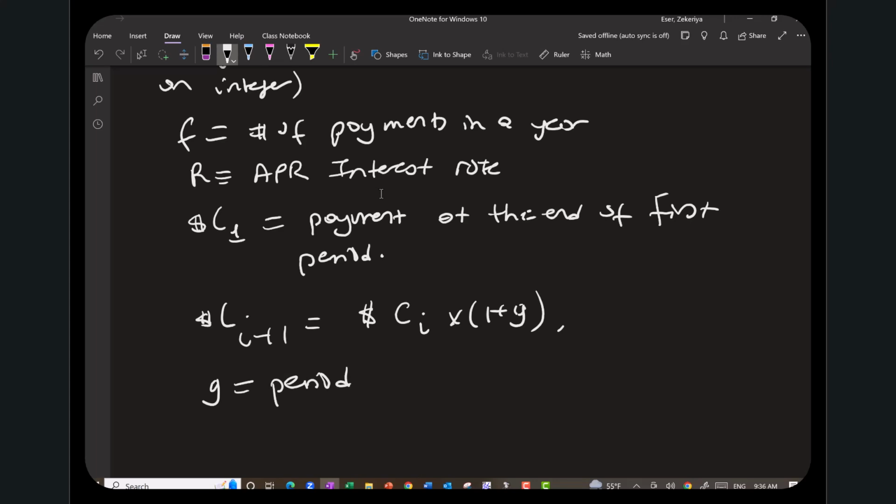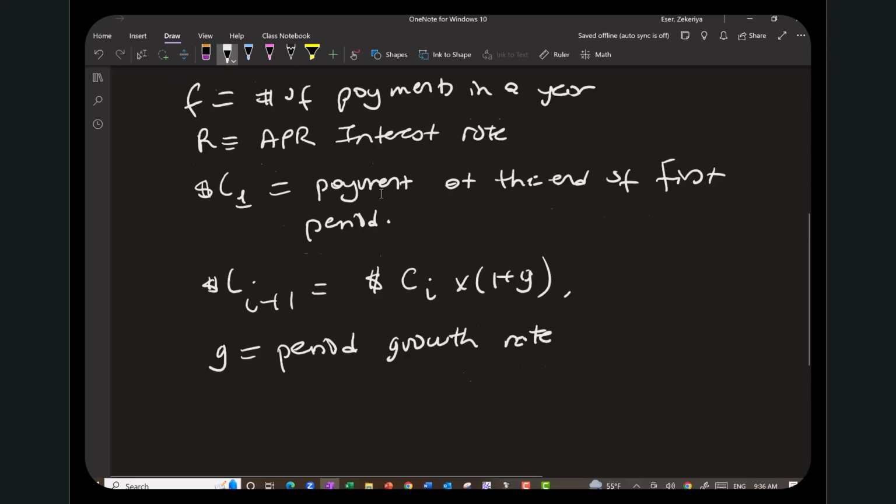G is the period growth rate. People are not typically comfortable with thinking about periodic growth rate. They think about annual growth rates.